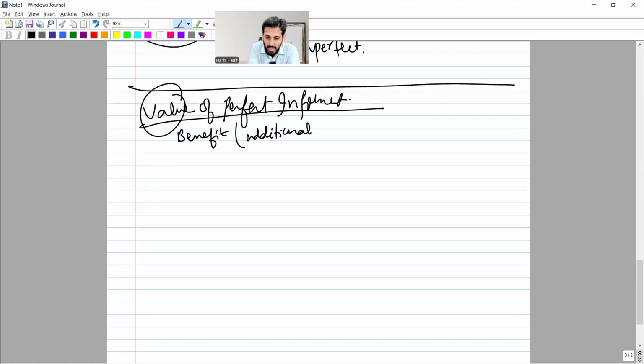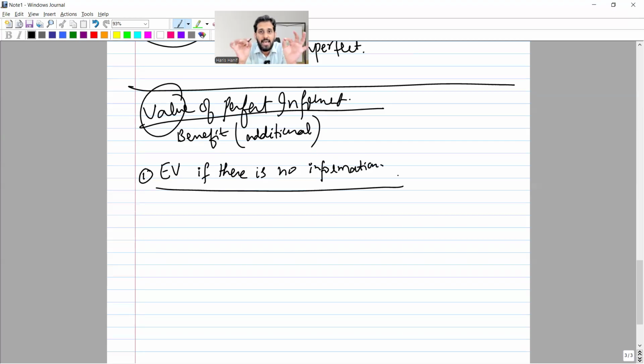When something has additional benefit, there must be some existing benefit. Let's say, for example, you need to calculate EV if there is no information.